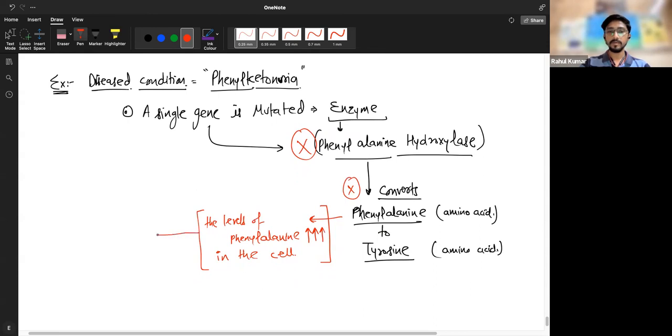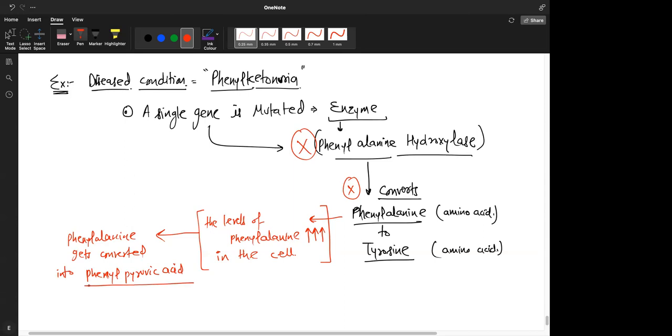So the body automatically converts phenylalanine, without this enzyme, to phenylpyruvic acid. Not a good thing, right?